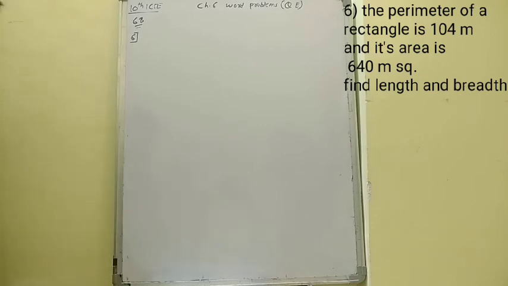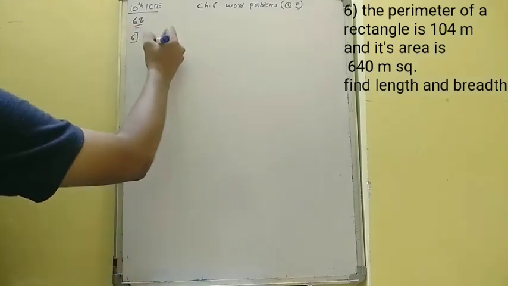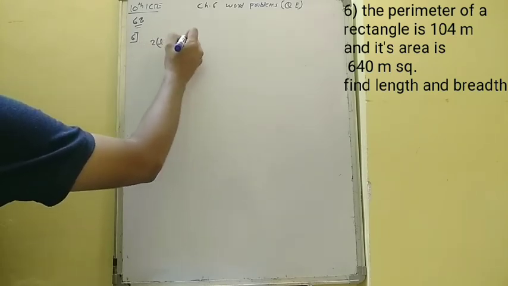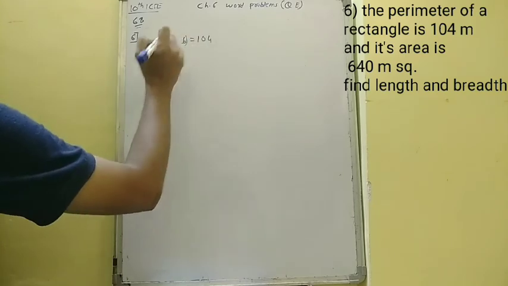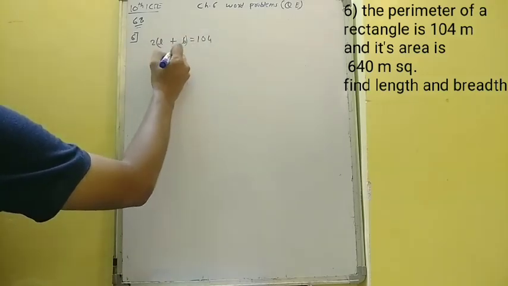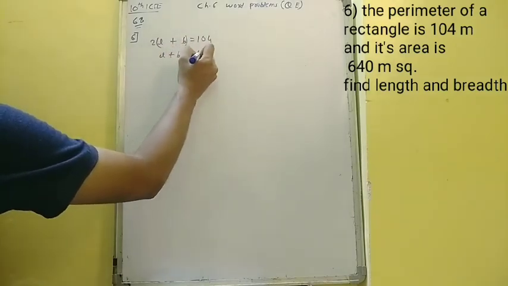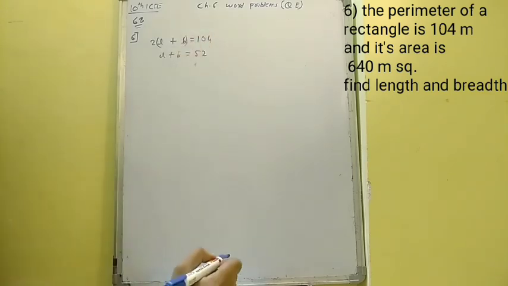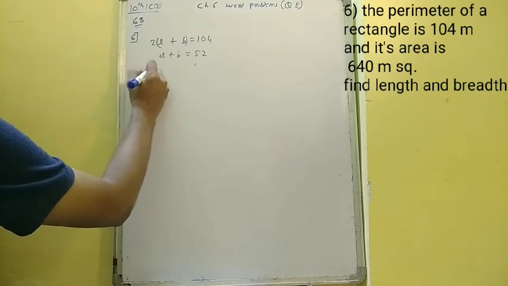Okay, now we will move to the sixth question. The perimeter of a rectangle is 104. So 2 times length plus breadth is equal to 104. 2 will go there and get divided. So length plus breadth is equal to 52.